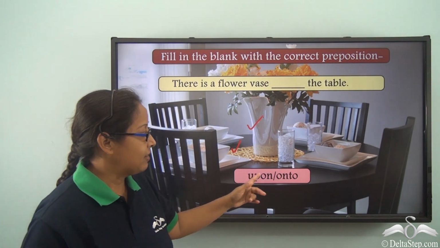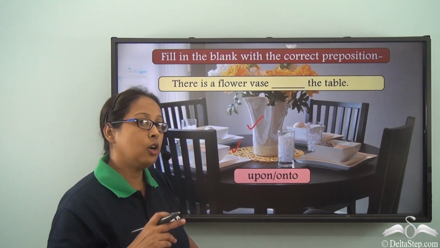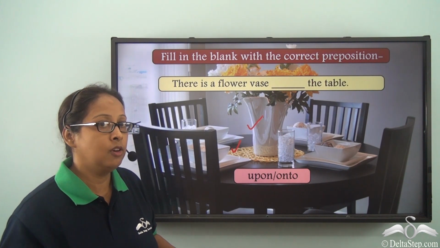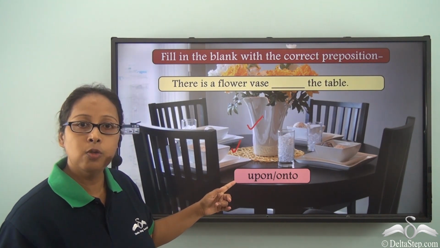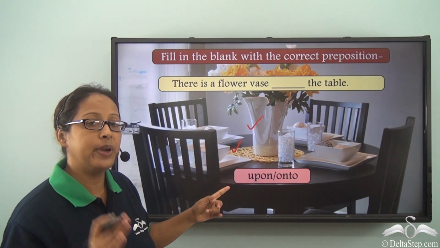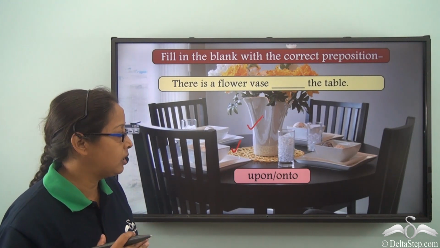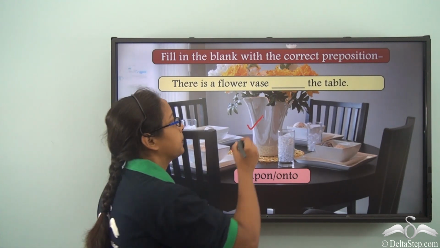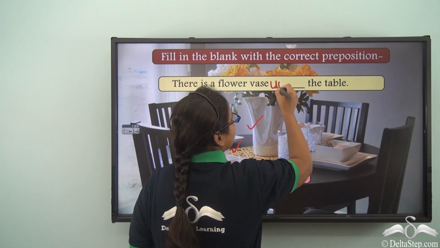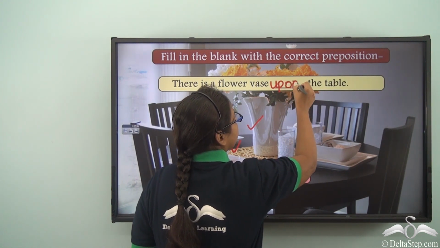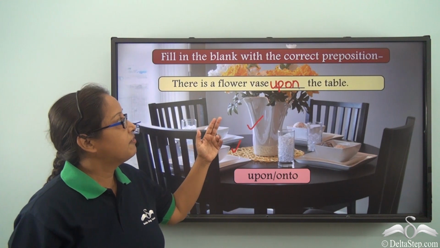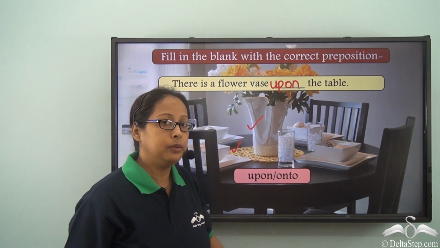So can we say onto? When we talk about onto, there's a movement involved. Here there is no movement involved. Therefore, the preposition that we are going to use here will be upon. There is a flower vase upon the table.